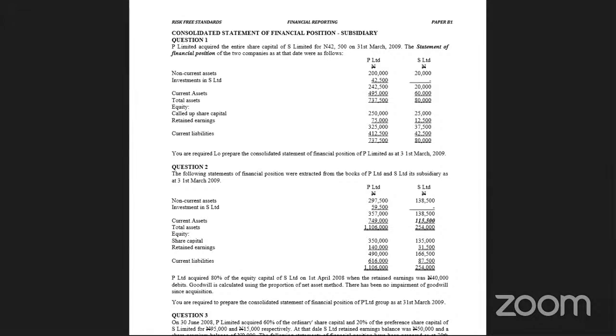Question 1. You are required to prepare the consolidated statement of financial position of P Limited as at 31 March 2009. Like I've told you earlier, if you are given a question and you are asked to prepare the consolidated statement of financial position, the requirement is what the examiner wants, and that requirement is what you are going to look at.